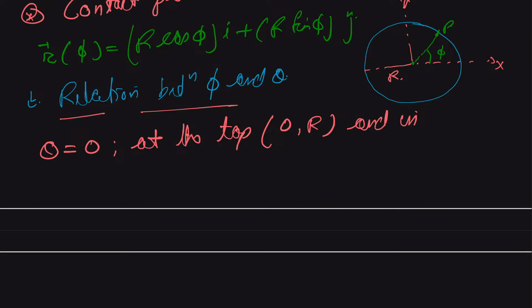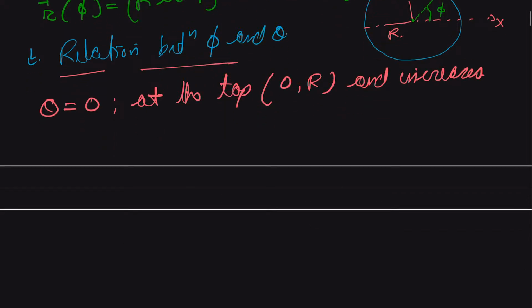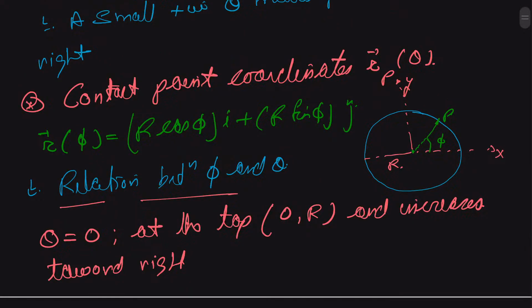And it increases towards the right. So it means our theta is going to increase in this direction, and phi is going to increase in the opposite direction.